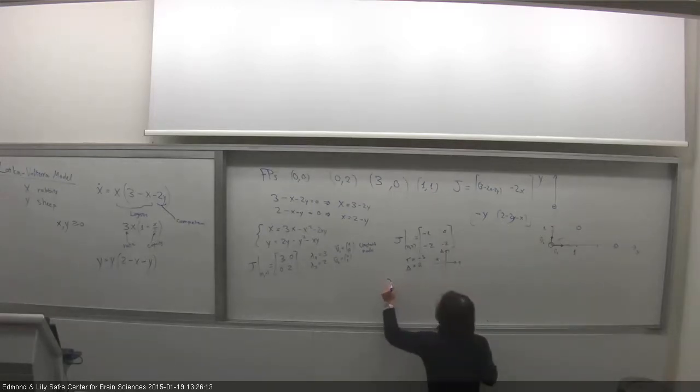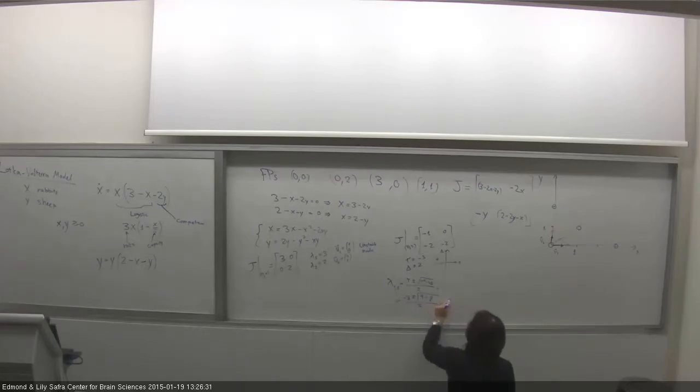So I have lambda, remember it's the trace plus minus the square root of trace squared minus 4 delta, divided by 2: minus 3 plus minus the square root of 9 minus 8, over 2. So I get lambda 1 equals minus 1, lambda 2 equals minus 2.